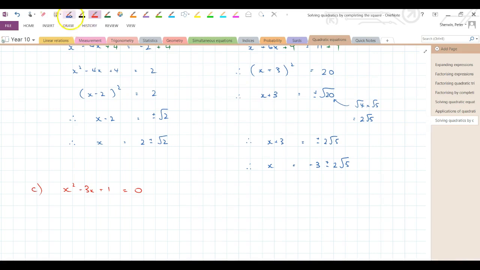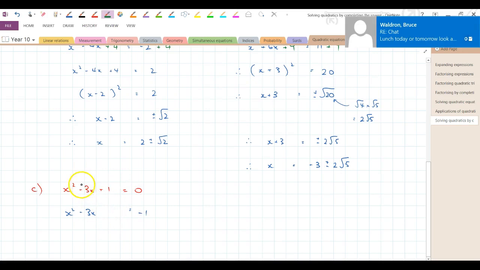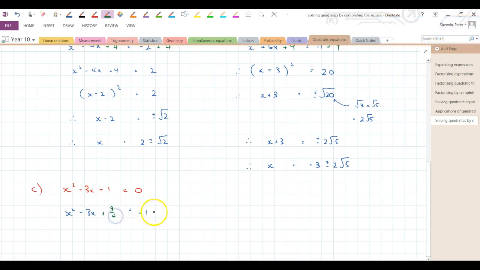Okay, so my work here is going to be x squared minus 3x, same as minus 1 goes over there. I'm going to halve it, which is 3 over 2, and then square it, which is 9 over 4, isn't it? So plus 9 over 4 here, so that my equation stays balanced.